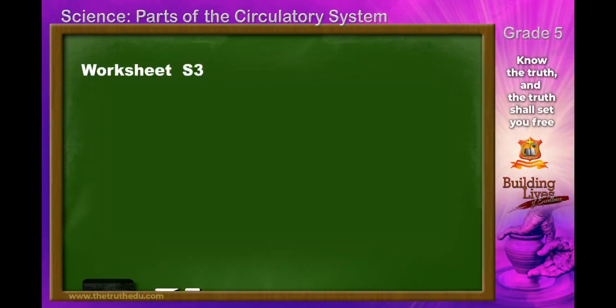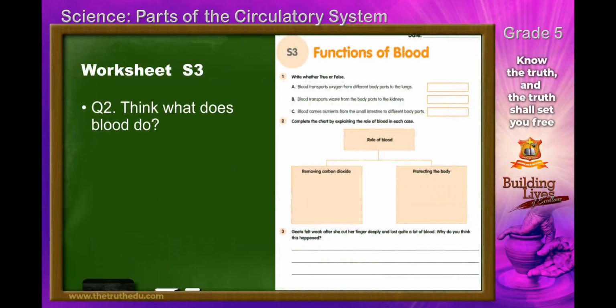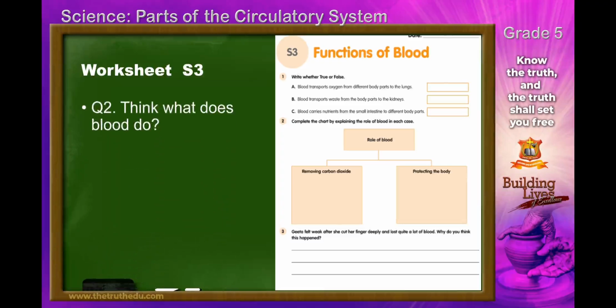Today you will be doing worksheet S3. For the first question, read the questions properly and answer correctly. Now the second question, you have to go through the lesson on your own, through the video on your own, and write what you think the blood does.